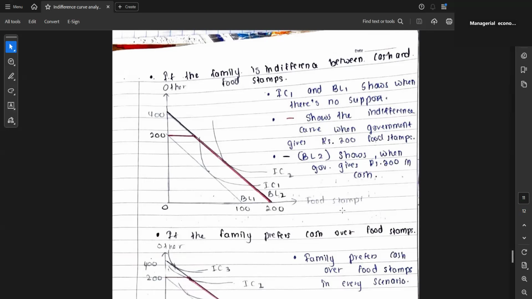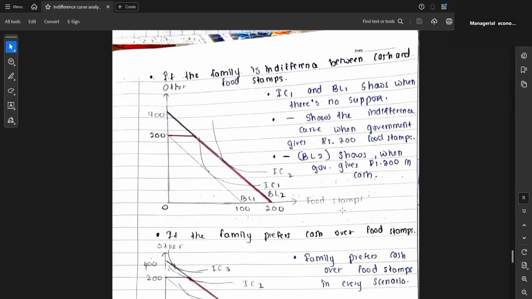Then we have the indifference curve denoted by the red line. So only the food stamps have increased.